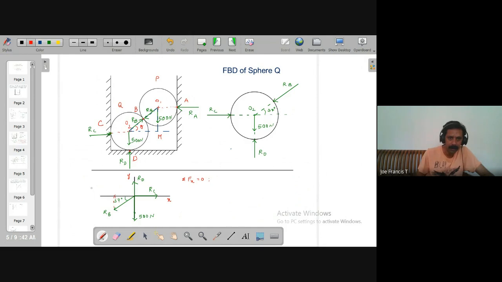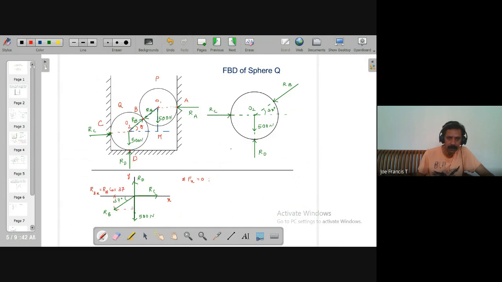You have the x component of RB, which is RBX, which is RB cos 37. Again, I'll resolve RB in the y direction also.